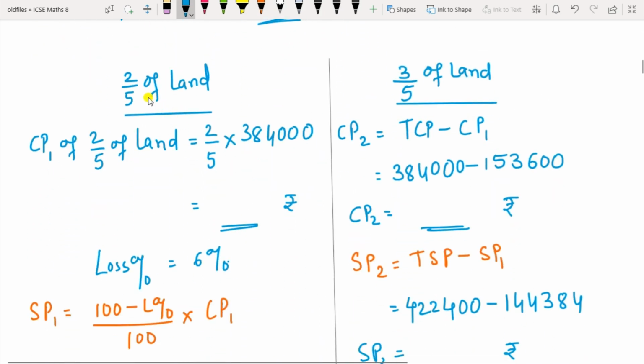Now he has sold 2/5 of the land. So its cost price will be 2/5 of the original total cost price. If you do the cancellation here, the cost price, that is CP1, you will get as 153600. So 2/5 of the land he has sold with a loss of 6%.